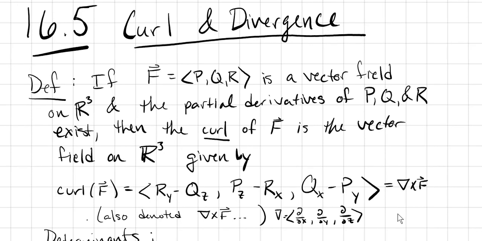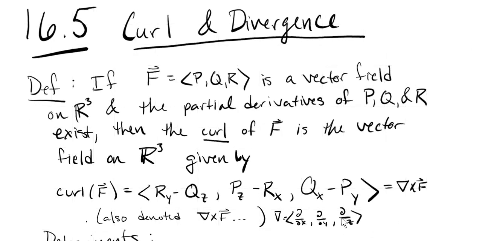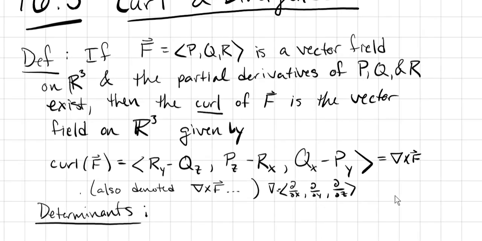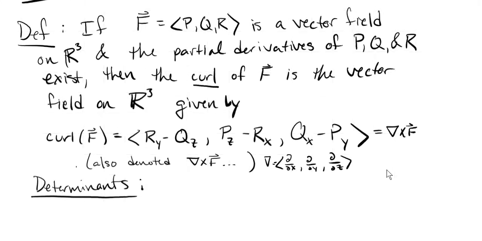Now, what would it mean to take a cross product of this with F? Well, we have to take a look here. We don't need to go through determinants, we already know this.